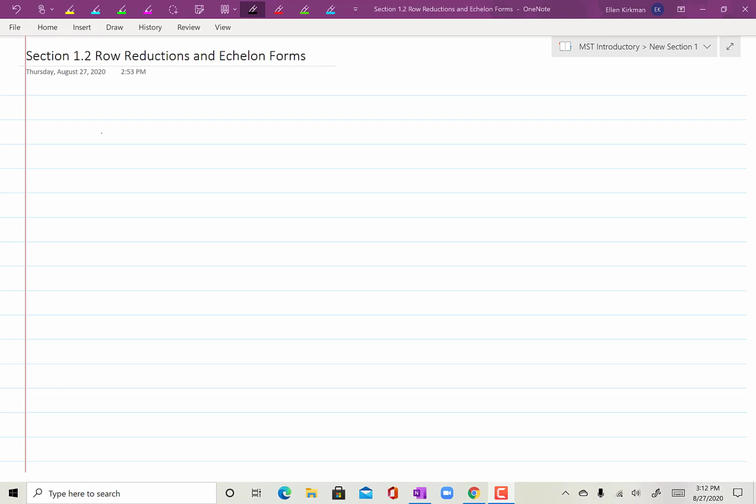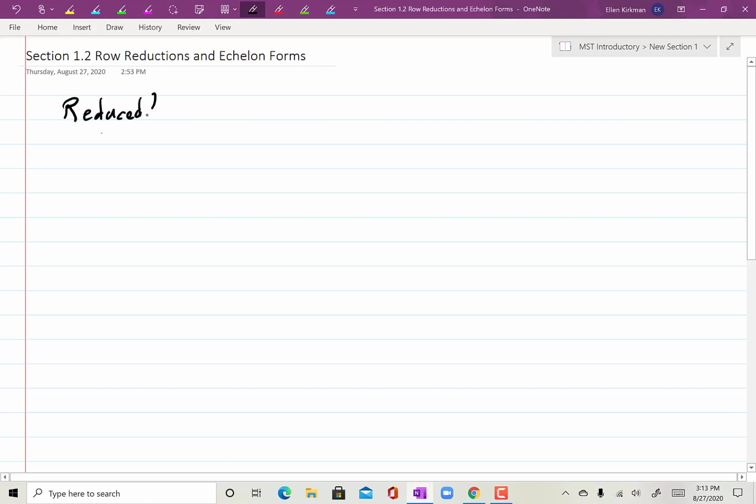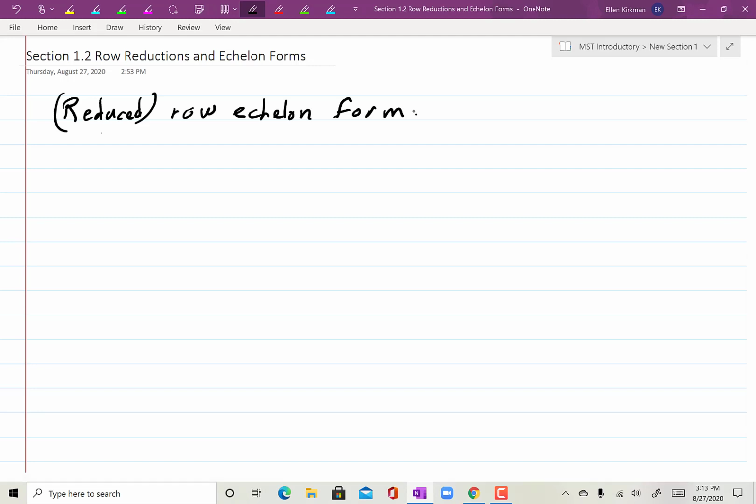I want to talk about this reduced row echelon form, which I said our goal is going to be to get an augmented matrix in either reduced or row echelon form so that we can solve the system. So I want to define precisely what that is. And then I want to talk some about solving the system once it's in that form.